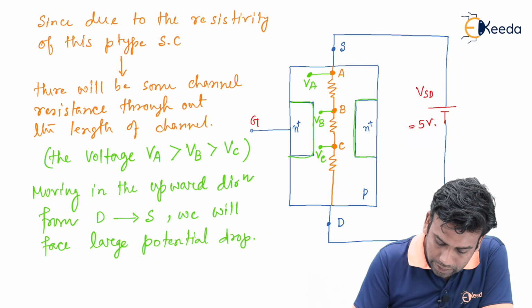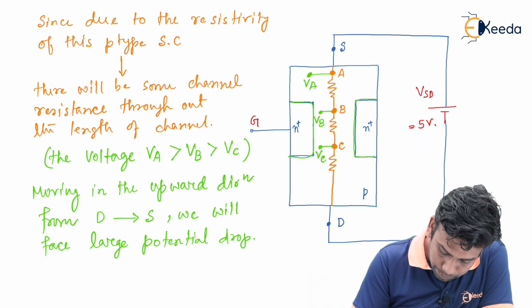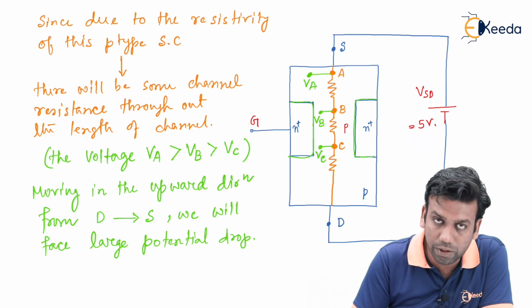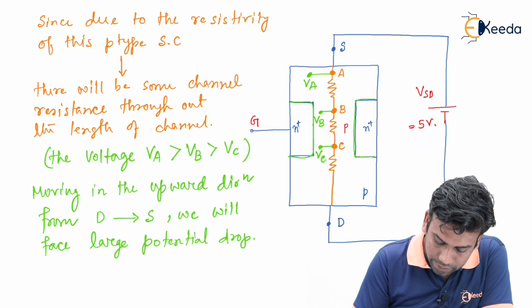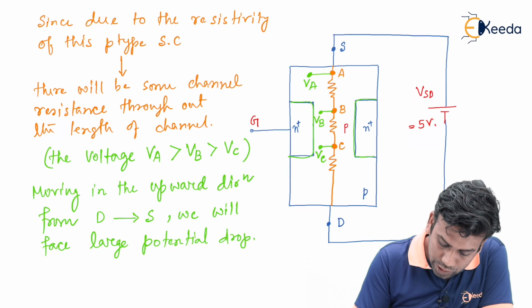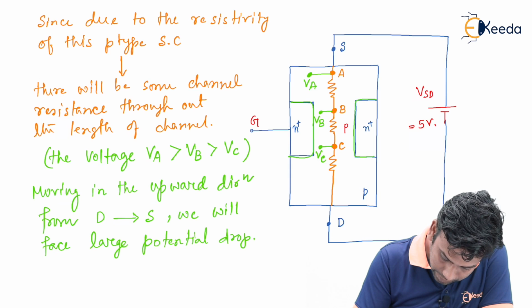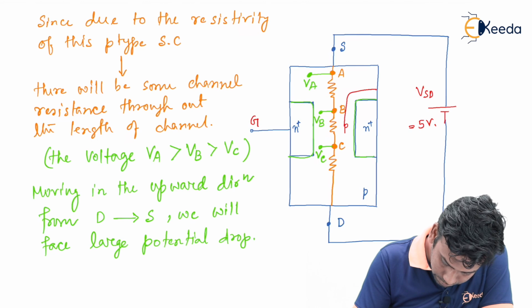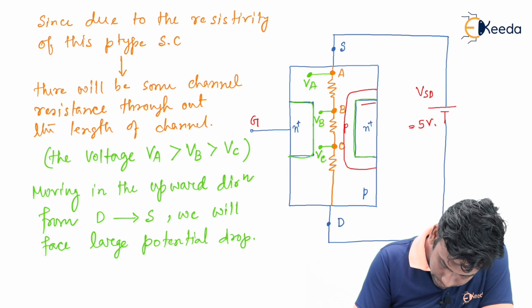So the N plus P junctions will be reverse biased, and a depletion region will be created. The depletion region on the P side will be wider, whereas on the N side it will be thinner.